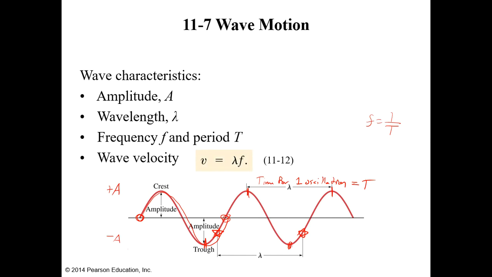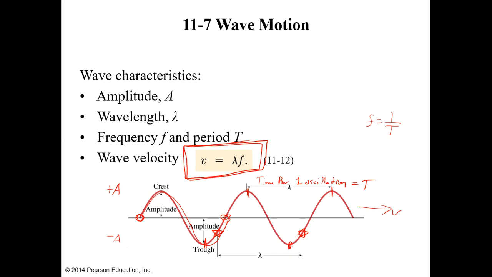And then last but not least, we have the forward velocity of the wave. No, the particles themselves don't move forward, but the energy of the wave does move forward. And that's what we're talking about with the wave velocity. And how do we calculate that? We calculate that using the wave equation, one of the most important equations you'll see this semester. So definitely take note of this one.